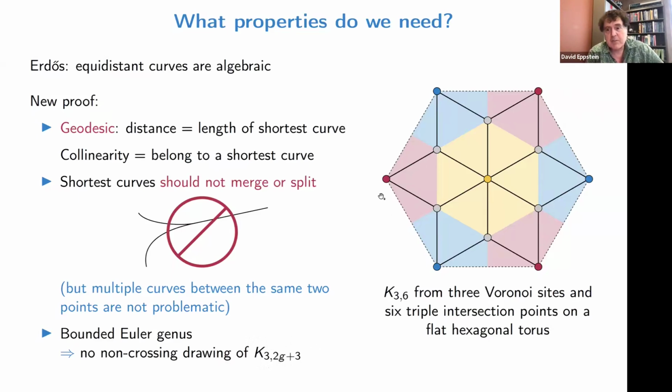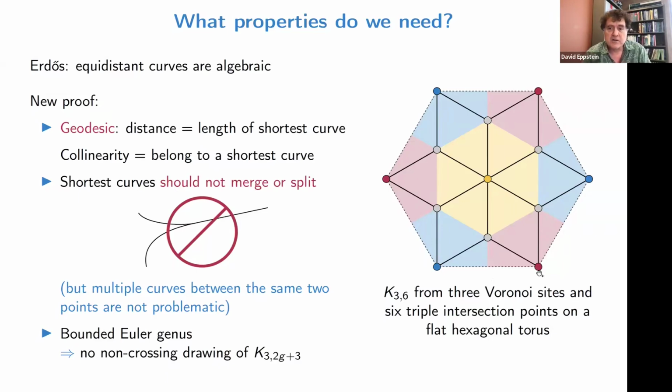So just as a quick example, this is a drawing of K36 drawn on a torus, where you have to imagine that each of these hexagon edges wraps around from the top to the bottom, from the upper left to the lower right, from the upper right to the lower left. And so this hexagon, when you glue pairs of opposite edges in that way, gives you a topological torus.